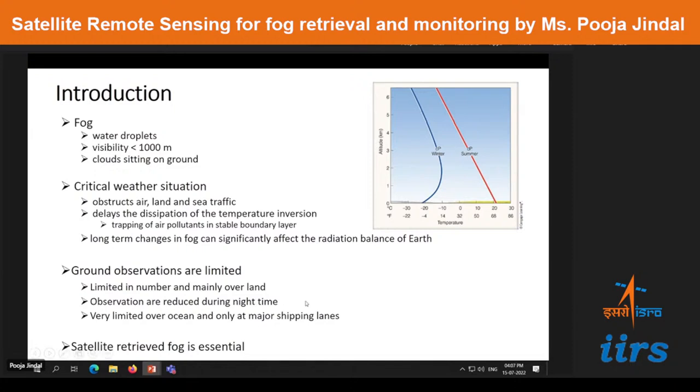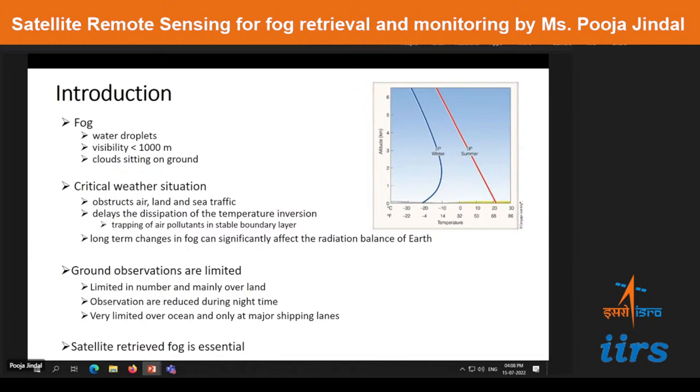But as usual, all the in situ measurements, which are called ground-based measurements, are always limited in number. We have very sparse data, only a few data points. Wherever we have the instrument, only at that location we will get the observations. Installing such instruments is mainly possible over the land areas and the areas which are not remote, right? Because over the remote areas and especially over the ocean area, we cannot have such instruments.